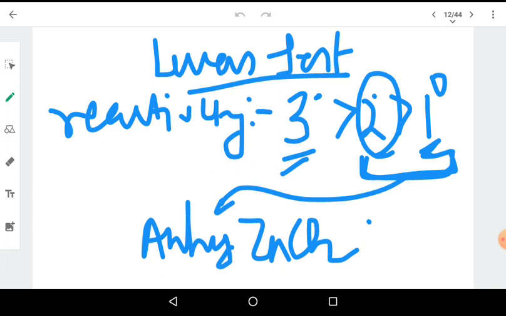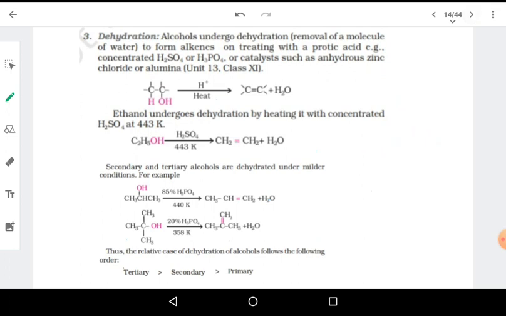So if it is reacting comparatively faster, then it is secondary in the presence of anhydrous ZnCl2, and if it is not reacting that fast, then we can say it is primary. Hence it can be used to distinguish between primary, secondary and tertiary alcohols.